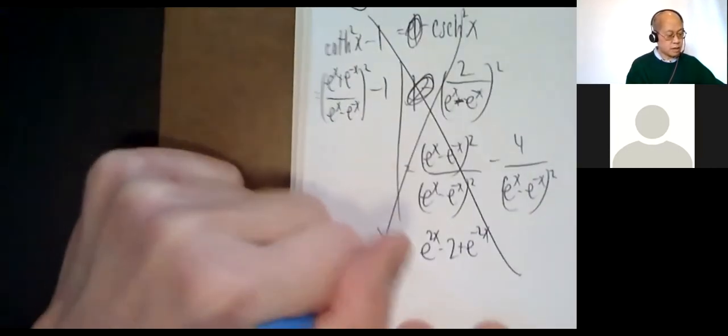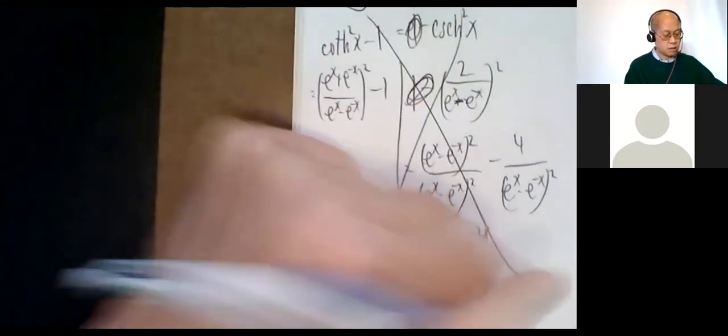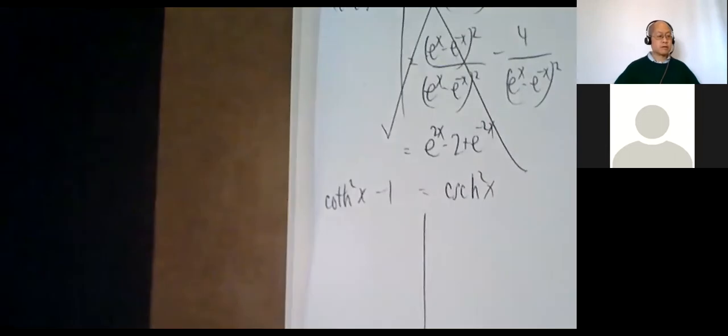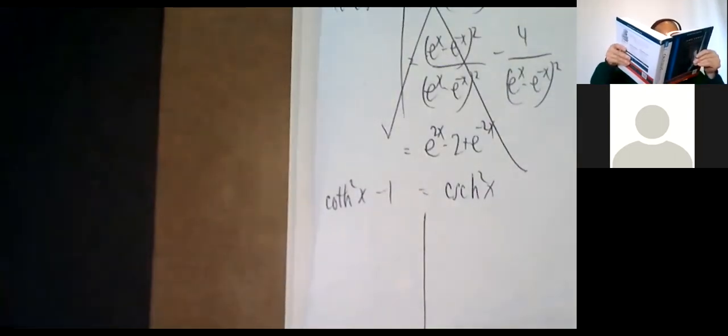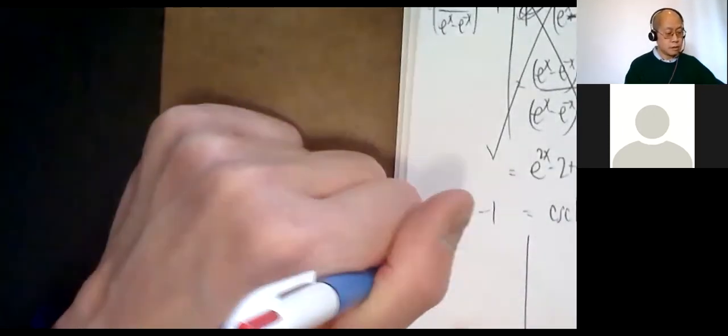coth² x − 1 equals, okay. Okay, so this was okay. e^x + e^(−x) over e^x − e^(−x), squared.